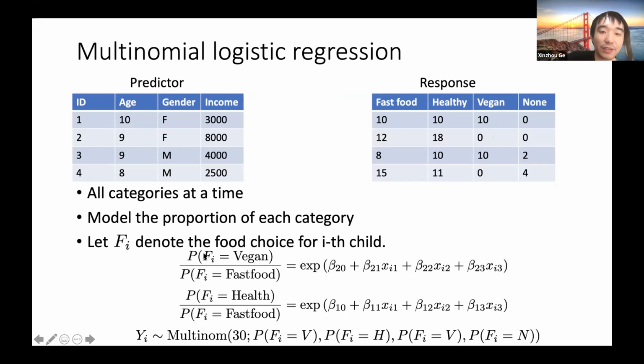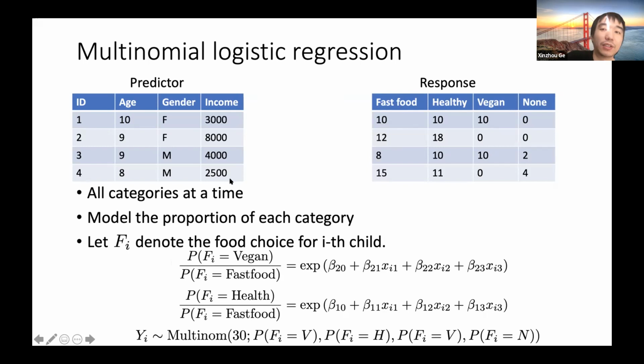So as we have four categories, we have three such formulas, and then we can calculate the probability that this child chooses fast food, healthy food, vegan, or none.